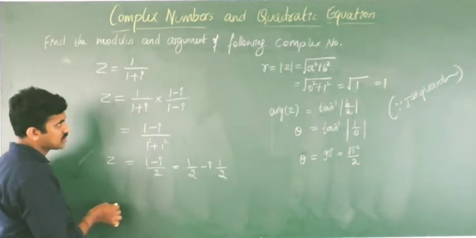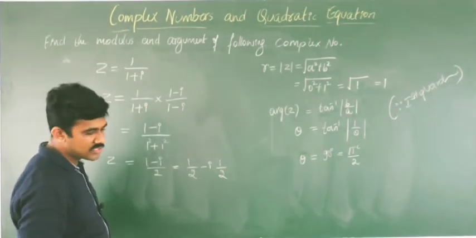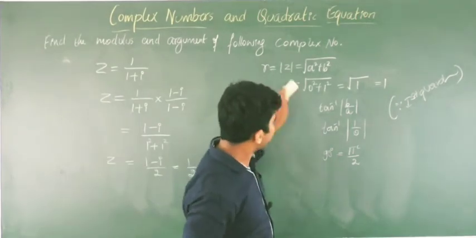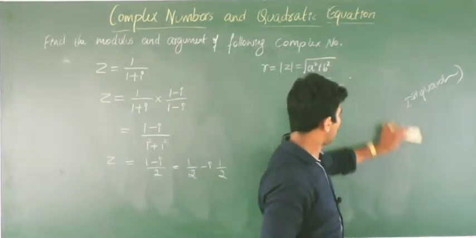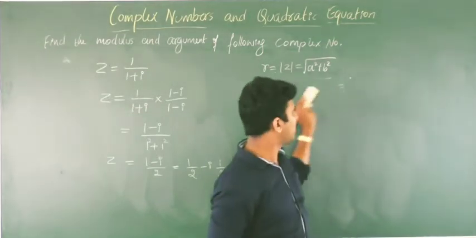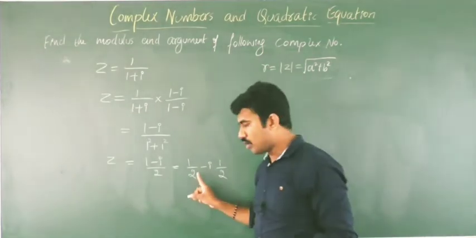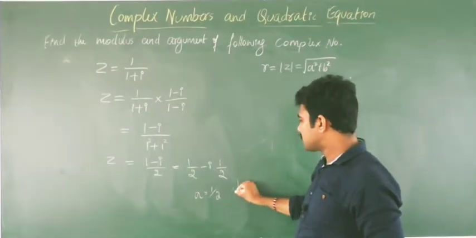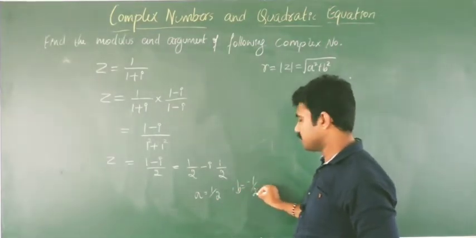Now what is the modulus of this complex number? To find the modulus, again apply the formula, square root of a square plus b square. From here observe, a is 1 by 2 and b is minus 1 by 2.